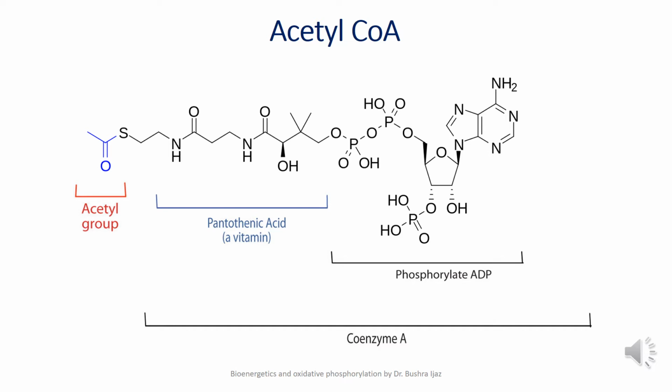We can say that the citric acid cycle releases energy that is captured to form around 11 ATPs and one GTP molecule.